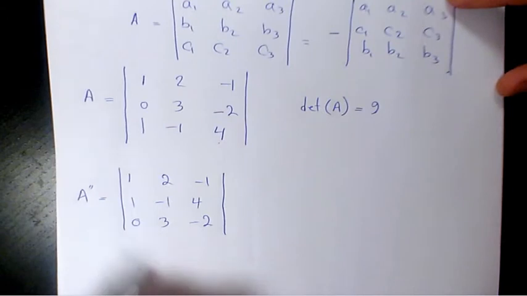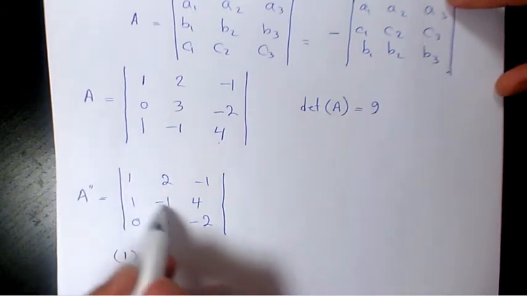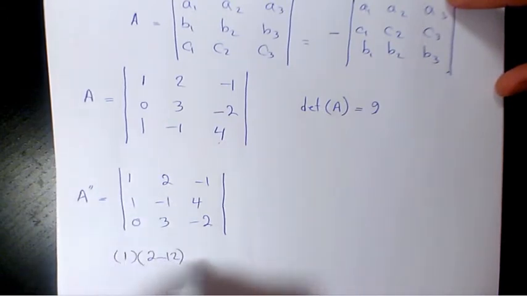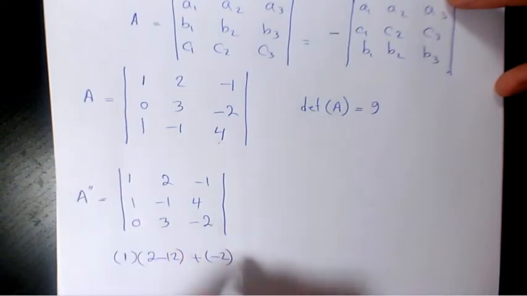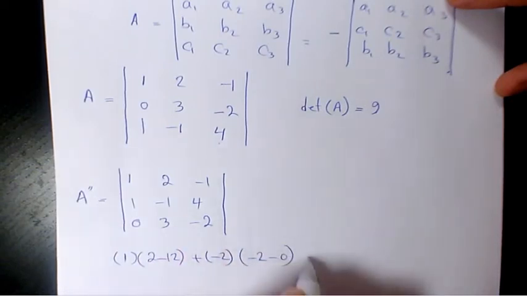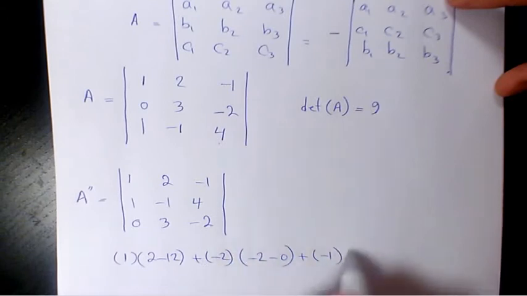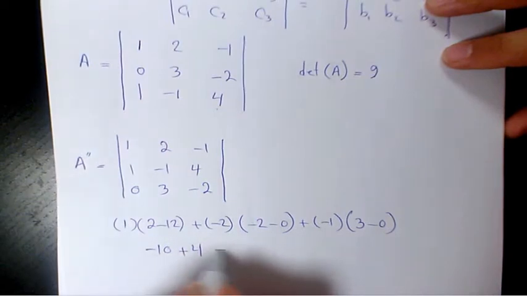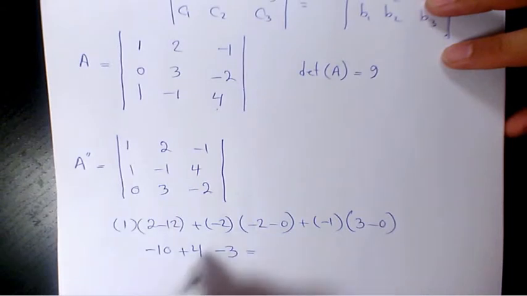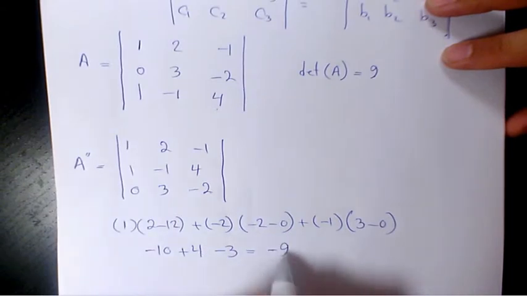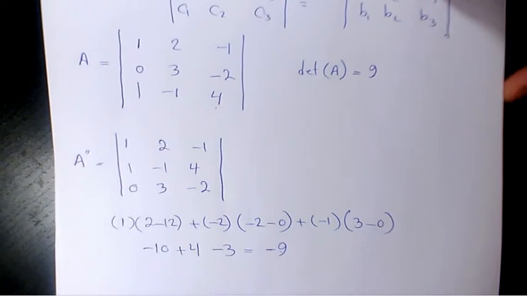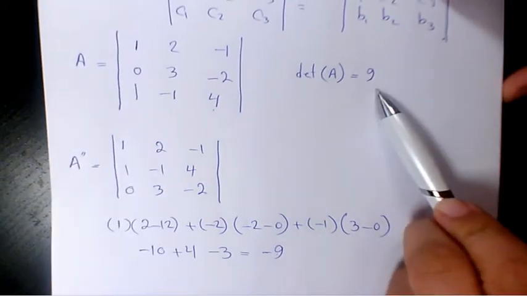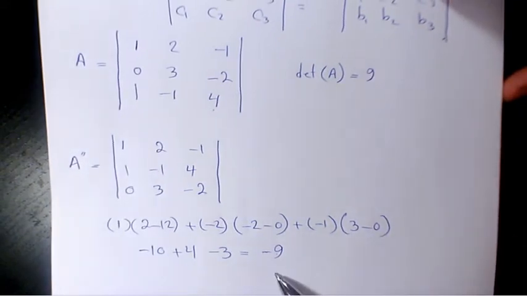So that's going to be 1 times 2 minus 12 plus negative 2, negative 2 minus 0 plus negative 1 times 3 minus 0. So that's going to be negative 10 plus 4, negative 3. That's going to be negative 13 plus 4, which is negative 9. So as you see here, the determinant is changed from 9 to negative 9.